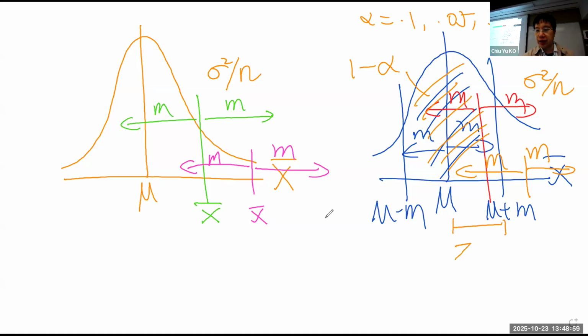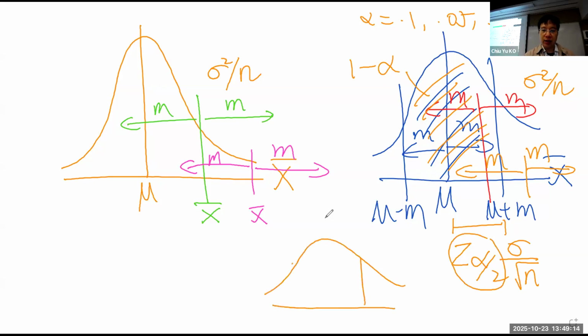M will be z alpha over 2 times sigma over root n, because sigma over root n is the standard deviation, SD. And how many SD you want is called z alpha over 2. Why? Because if this is 1 minus alpha, then each tail is alpha over 2, because it's symmetric. And this must be z alpha over 2. So that is the definition.